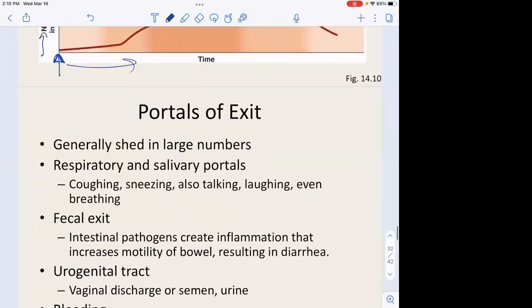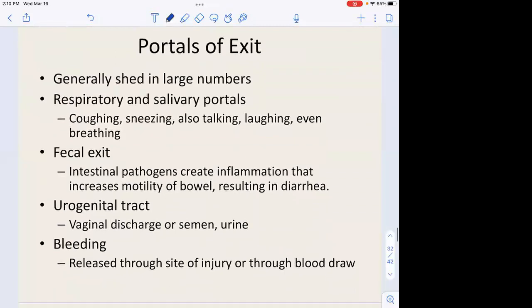Of course, for a pathogen to be successful, it needs to leave one host and go to another. It wants to keep spreading, keep making more of itself. The ways in which it leaves one host to go out into the environment, or we'll talk about where it goes after that, we call portals of exit.